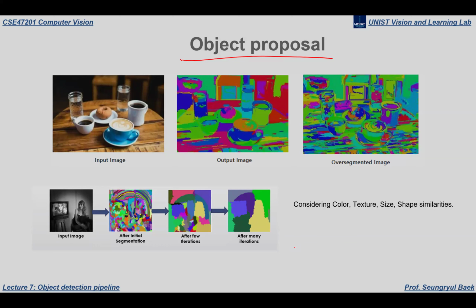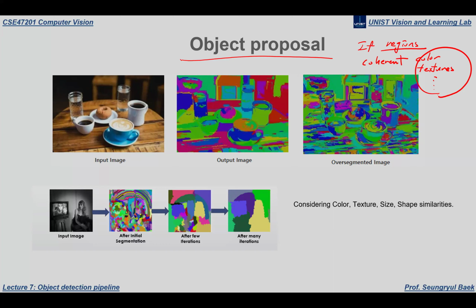And the answer is, if regions are having coherent color and textures or other features, there's high probability to have an object inside that region.